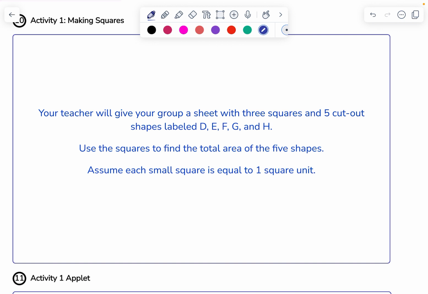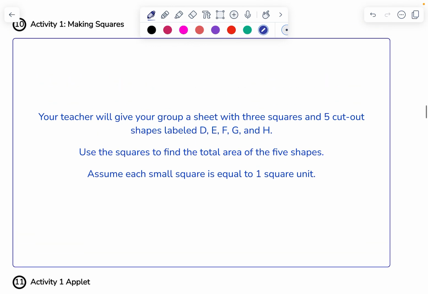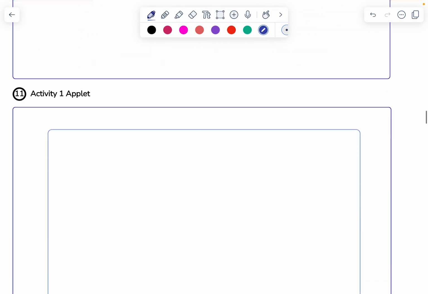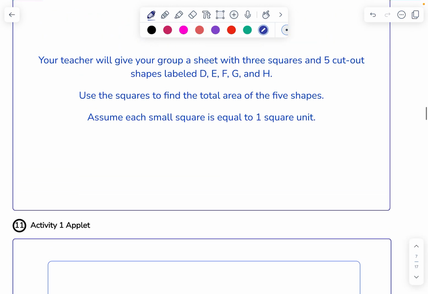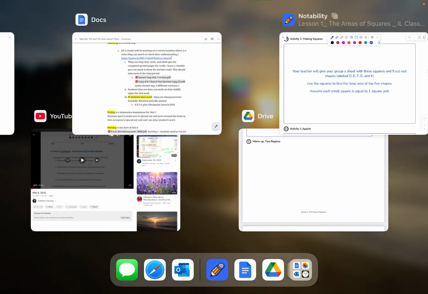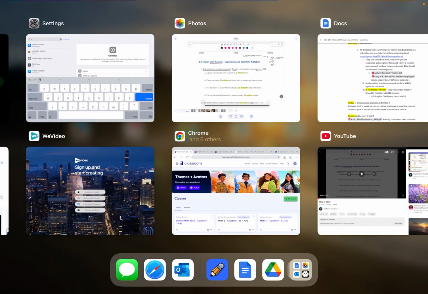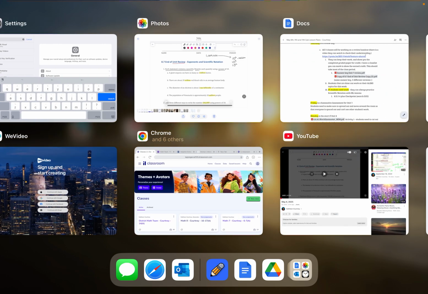Next, you're going to be working with some shapes. Now, if you're watching this video, you are going to actually pause and you're going to go over to your ILC. And in the ILC, you are going to find an activity.